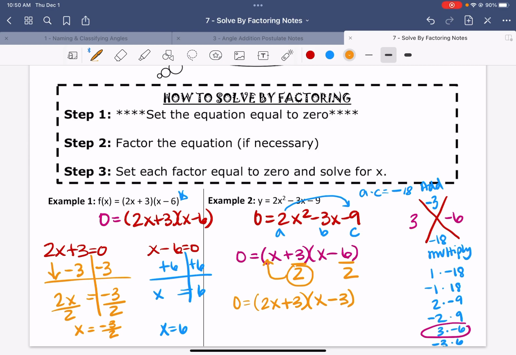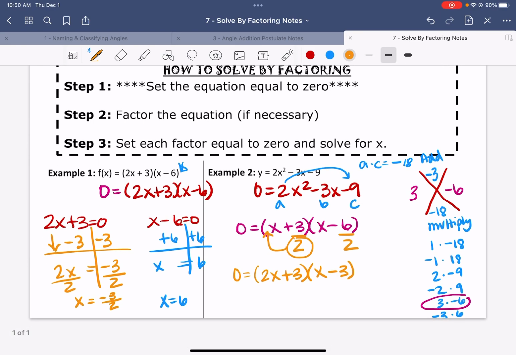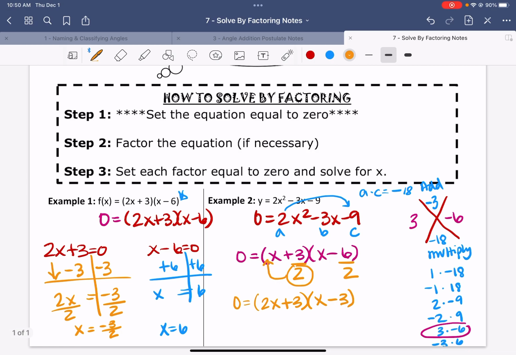Now we set each one of those equal to 0. I've run out of room. So we have 2x plus 3 equals 0, and x minus 3 equals 0. We solve, minus 3 on both sides.